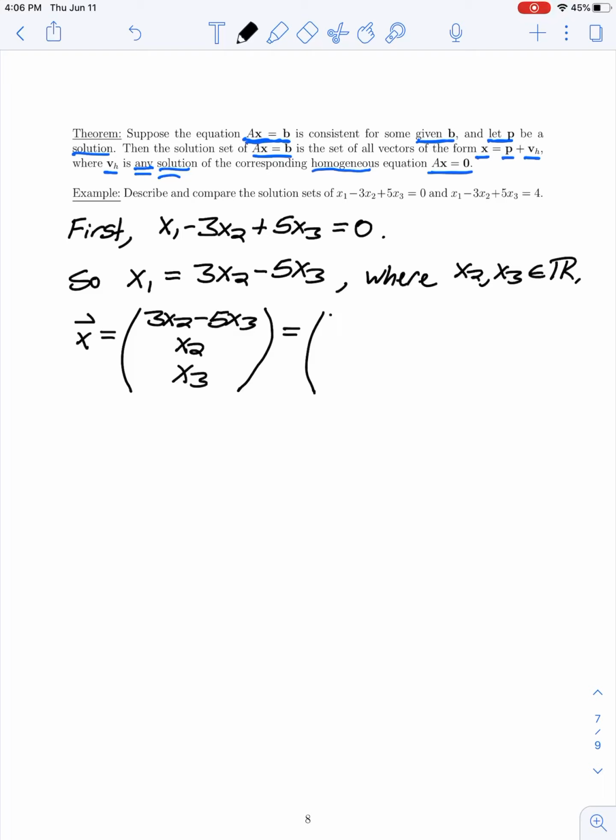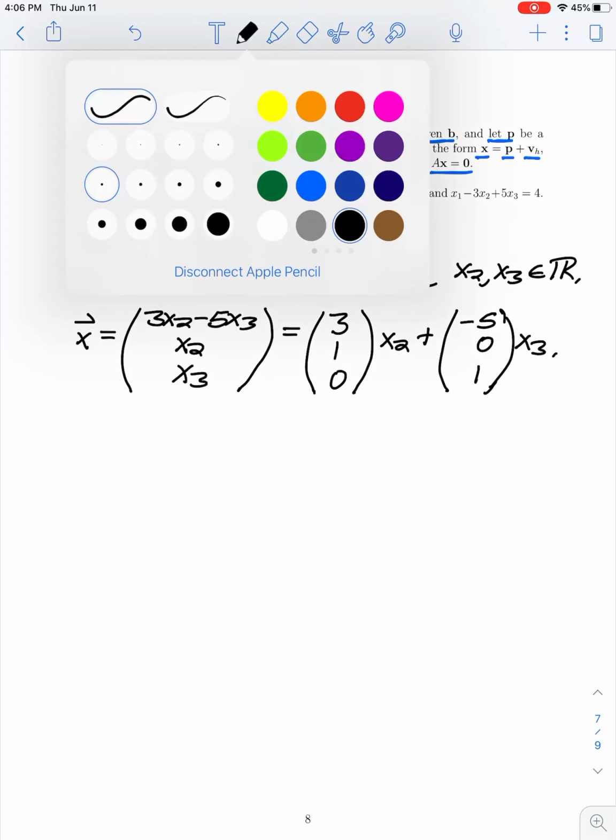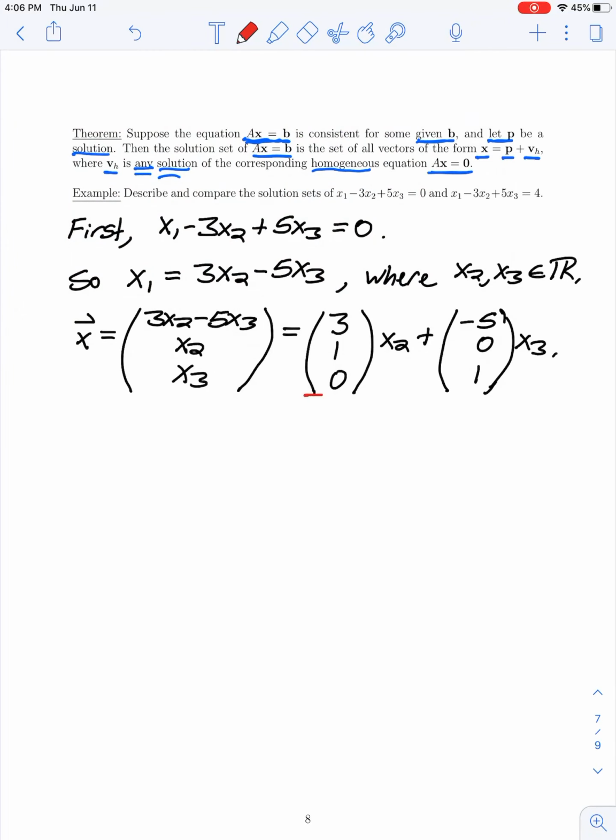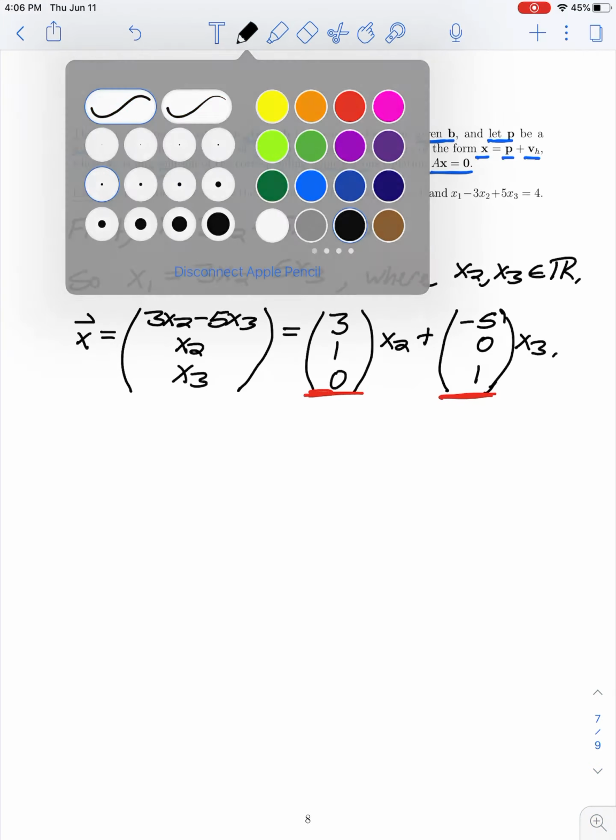Or, splitting this up, I would have 3, 1, 0 times x2 plus negative 5, 0, 1 times x3. All right, so our solution set would be a plane in space spanned by these two vectors.